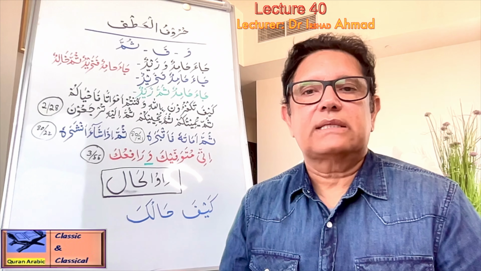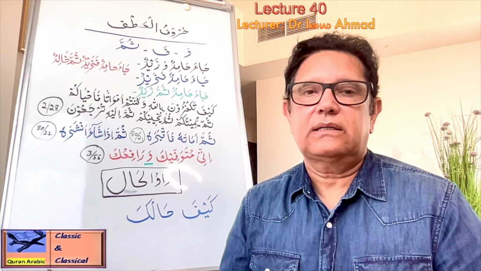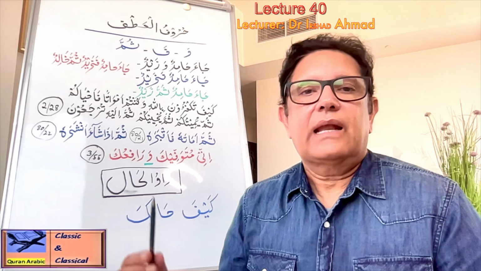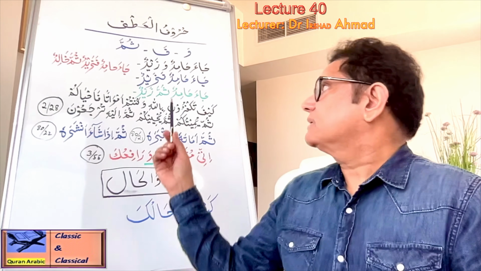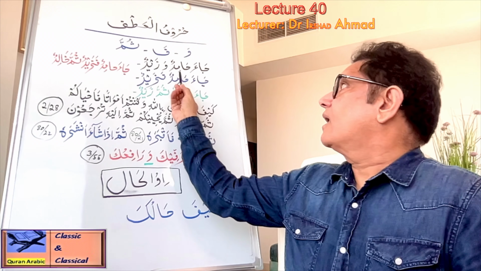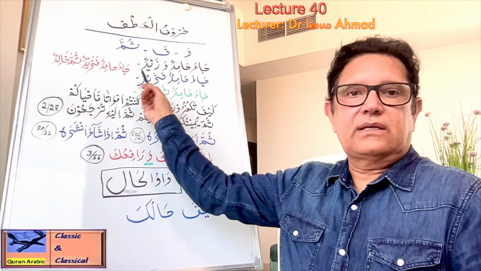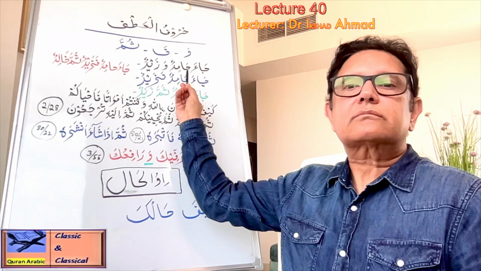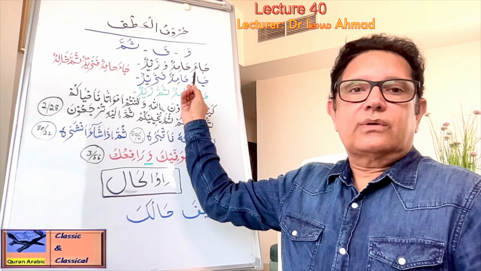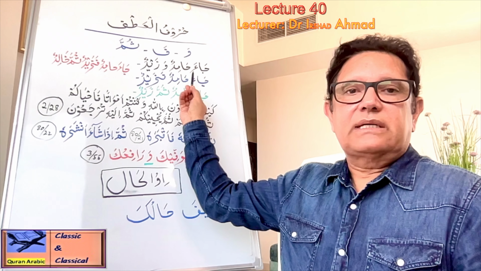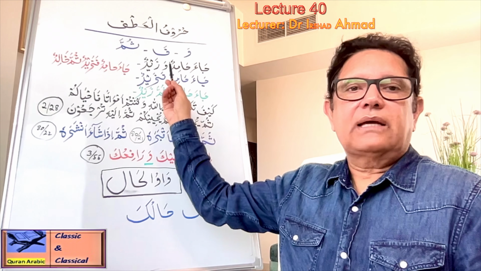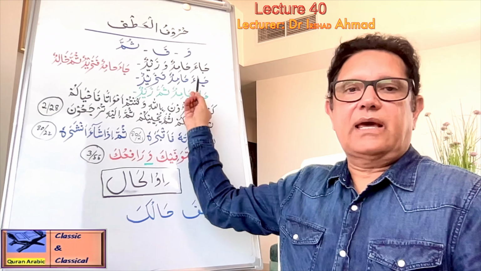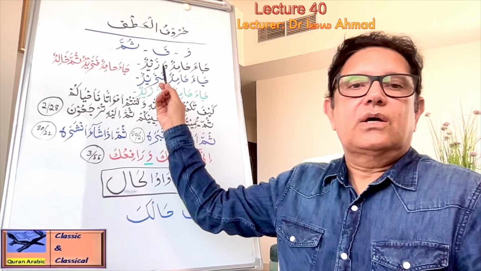Waw, we know, is simple, that means and. Let us look at these examples. When we say Ja'a Hamidun wa Zaidun, Ja'a is fa'il, which means came: Hamid came, Hamid and Zaid came.